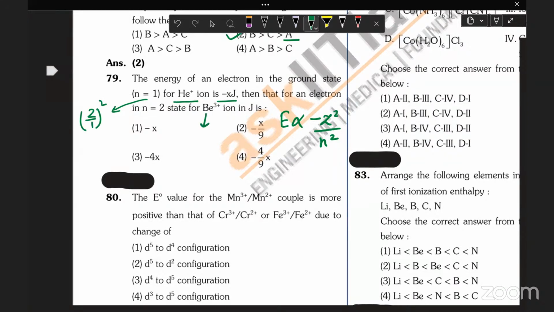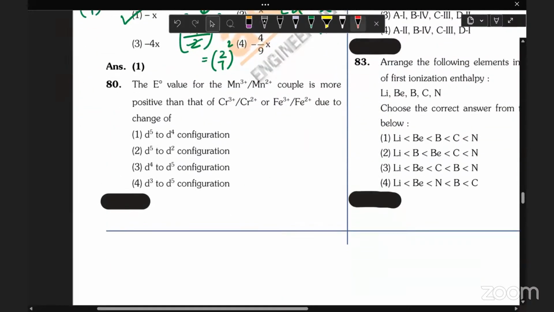For beryllium, the Z value is hydrogen, helium, lithium, beryllium, 4. And they are saying n is 2, so 4 by 2 whole square. If you observe, the ratios are the same for both of them. That means if for helium plus ion the energy of electron is minus x joule, for beryllium 3 plus ion also it is going to be nothing but minus x joule only. So option number 1 is going to be the correct answer. Let's check it once, and that's correct, right?